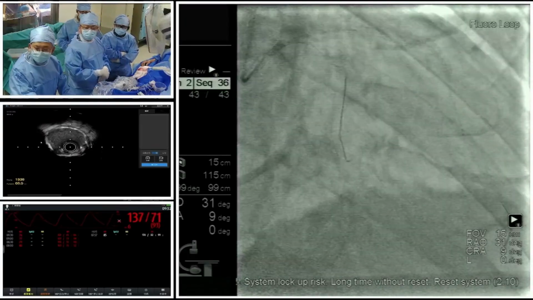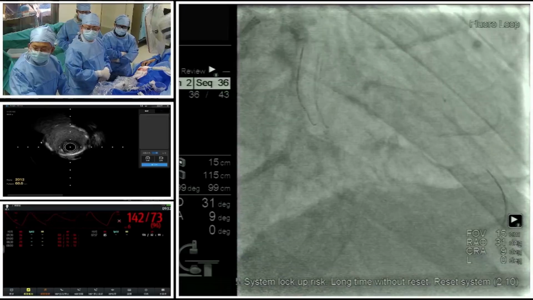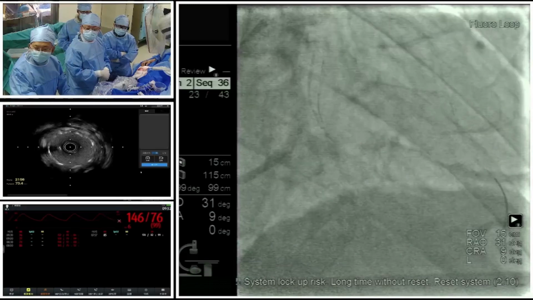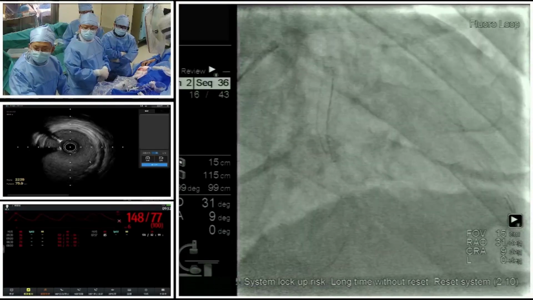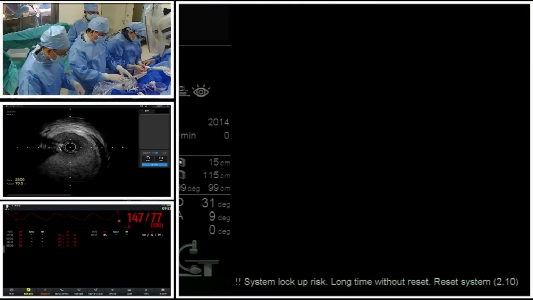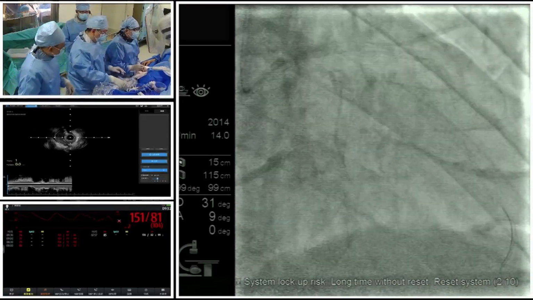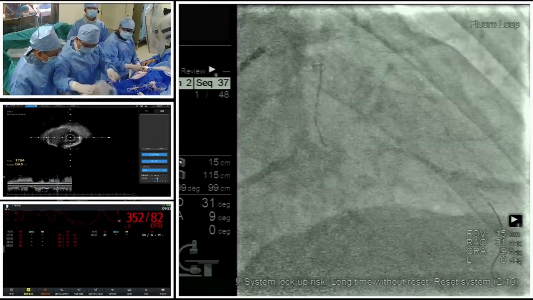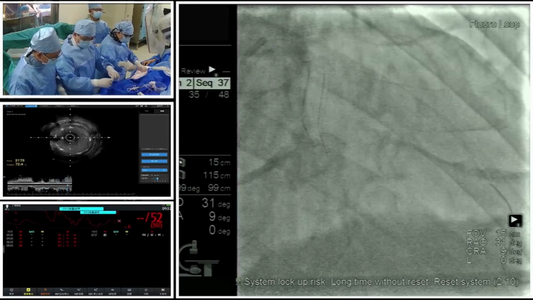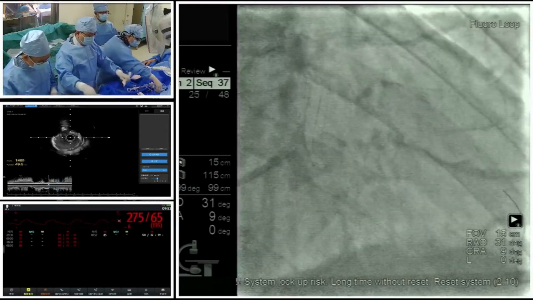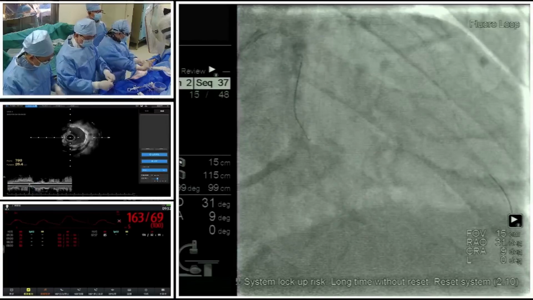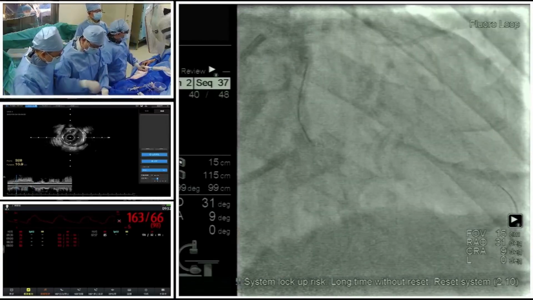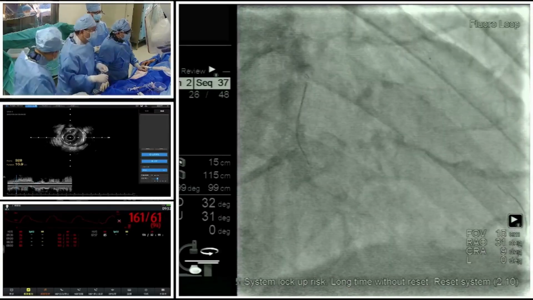Is this the first IVUS image after the stent? Yes. Okay, I think Professor Gong should choose a bigger NC balloon to do the POT.